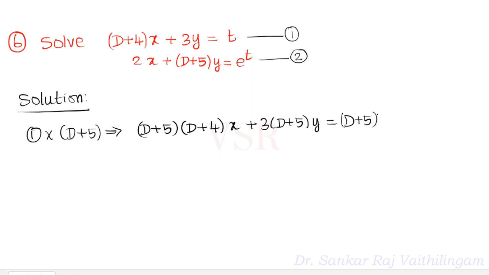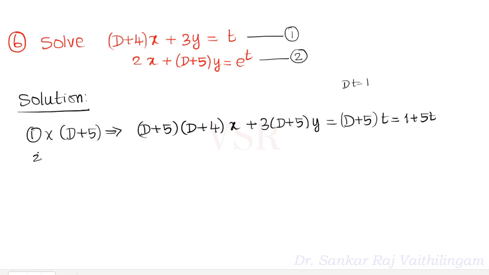What do we get here? D of t, which is equal to 1, differentiating t with respect to t gives 1. Then 5 into t. So this is equal to 1 plus 5t. Okay, and the second equation into 3.